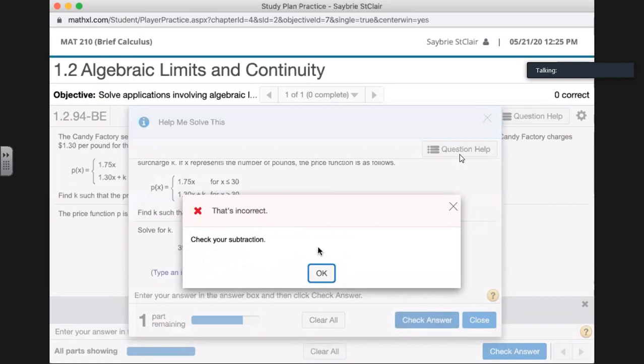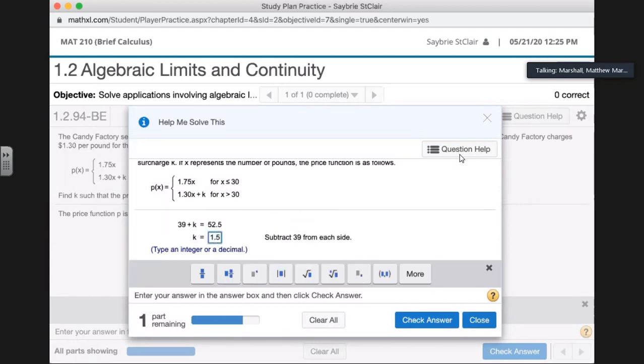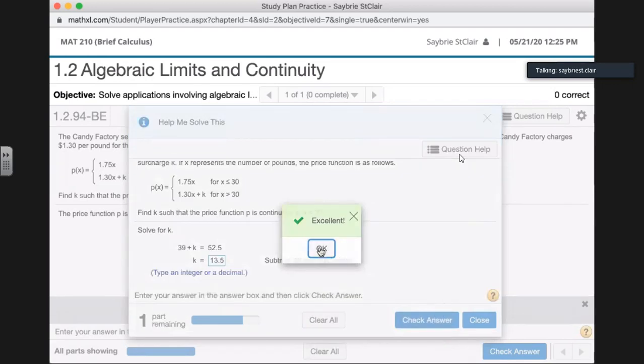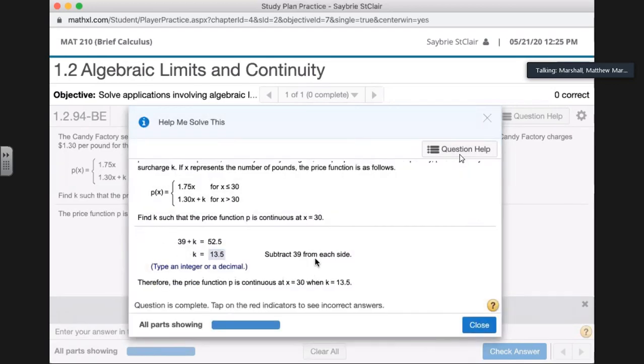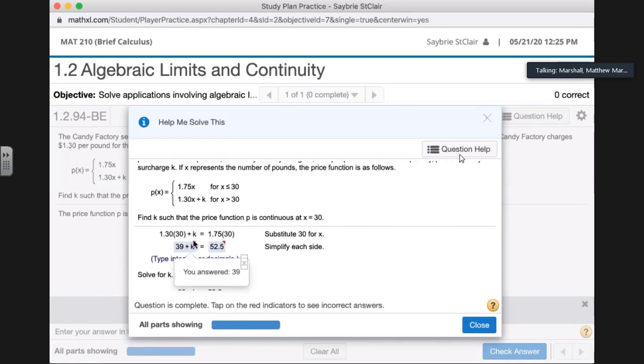Check your subtraction. So 52.5, 13.5, there we go. All right, now we're ready for the quiz. Yeah, they want just the exact number on that.